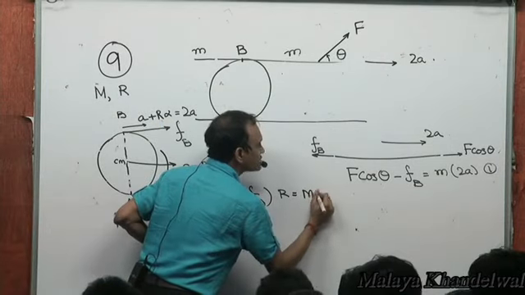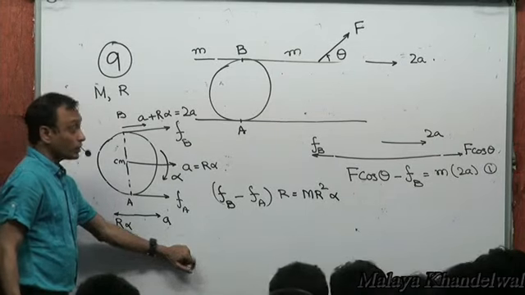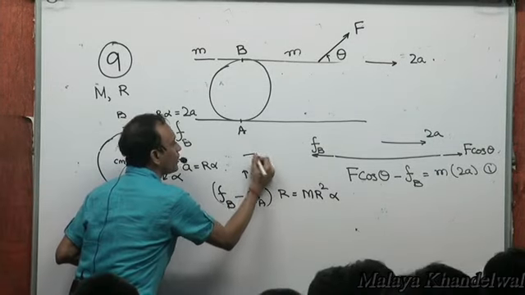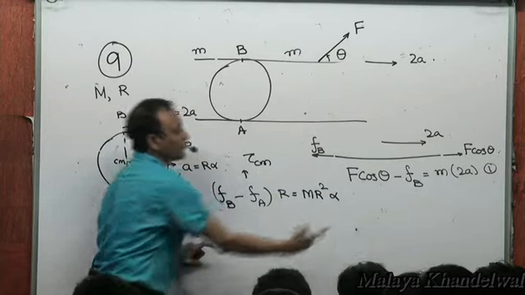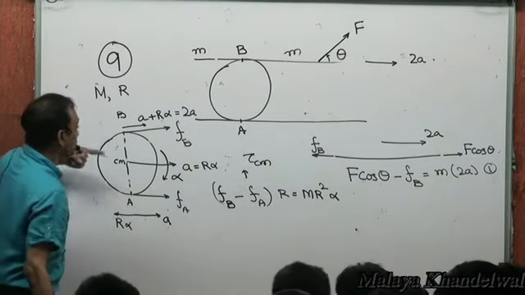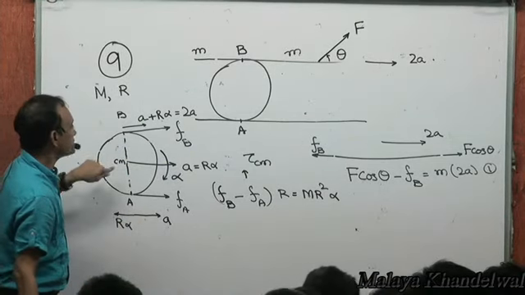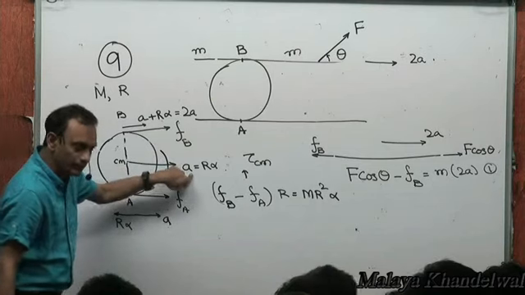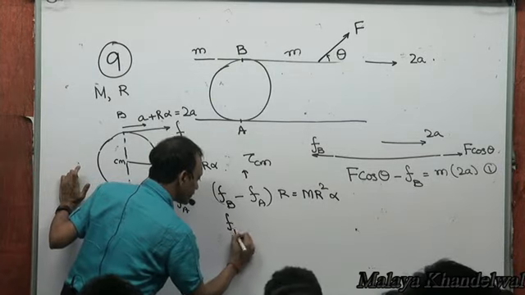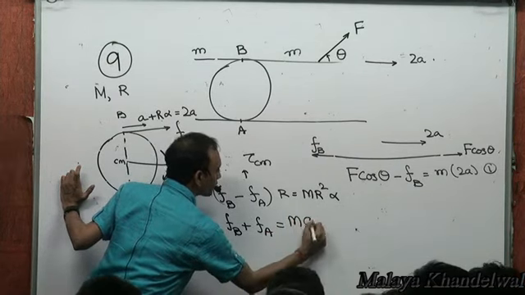So that's MR squared into alpha, right? That's obtained by taking torque about the center of mass, writing the equation tau equal to I alpha. And the equation of translation would have been what? FB plus FA is capital M into A, right?